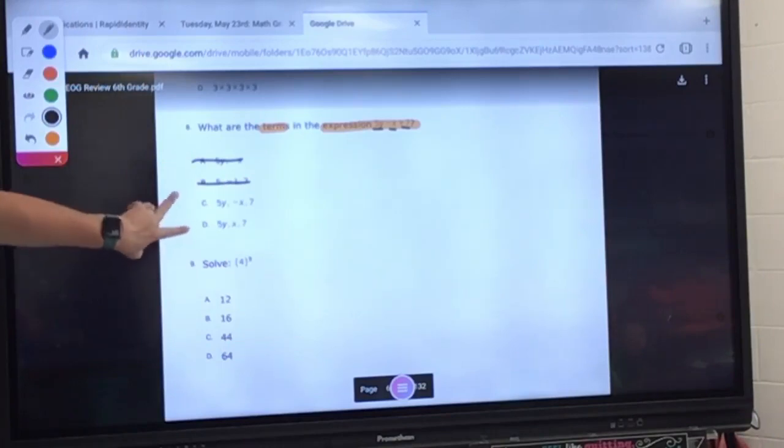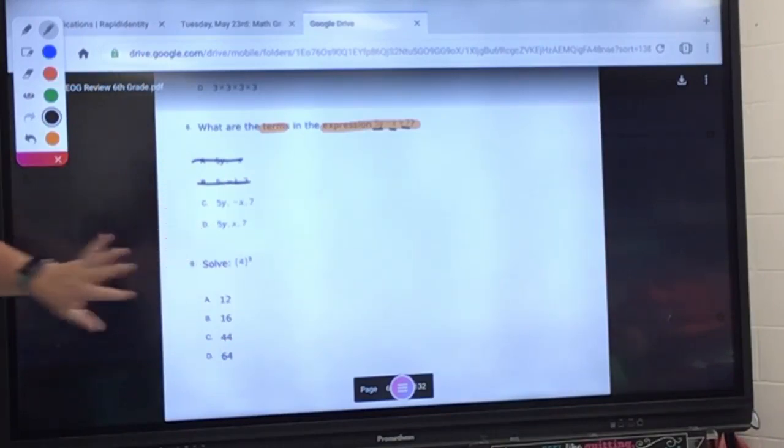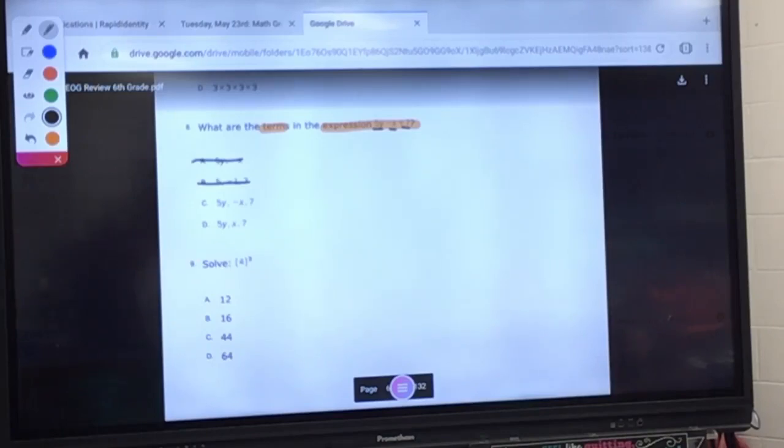All right, so now we have C and we have D that are very, very similar. There's one difference between C and D. Stand up if you pick C. Stand up if you pick D. Hold on. Don't be overshooting yet.